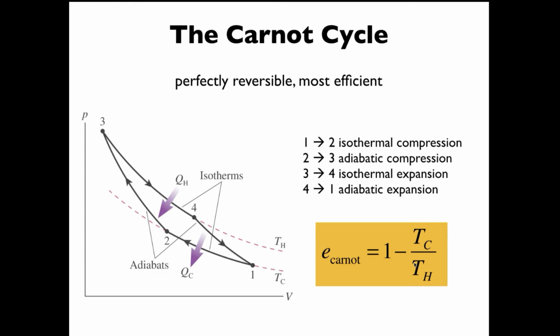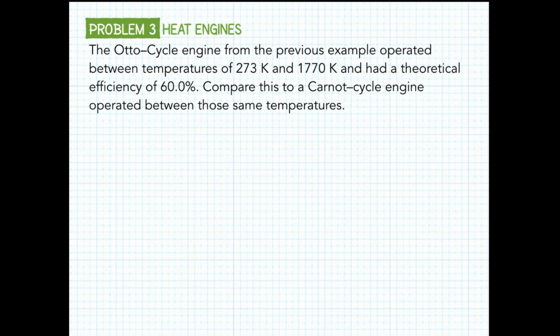So another statement of the second law is that no heat engine operating between TH and TC can exceed the Carnot efficiency. Here we can go through and calculate the Carnot efficiency for the Otto cycle engine from the previous example. That engine operated between temperatures of 273 and 1770 Kelvin, and it had a theoretical efficiency of about 60%.